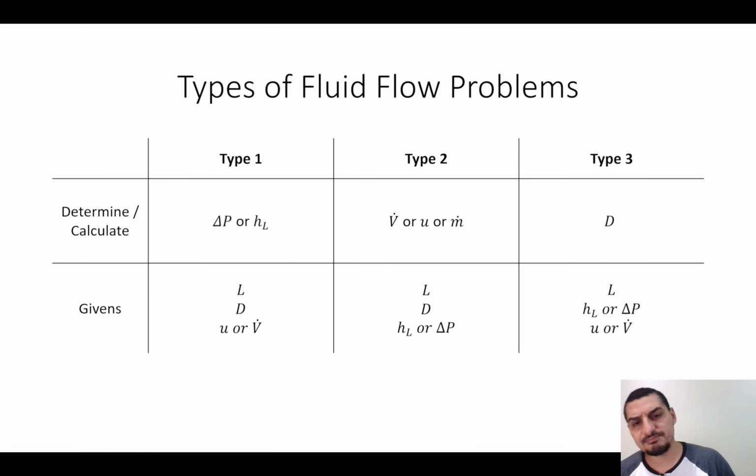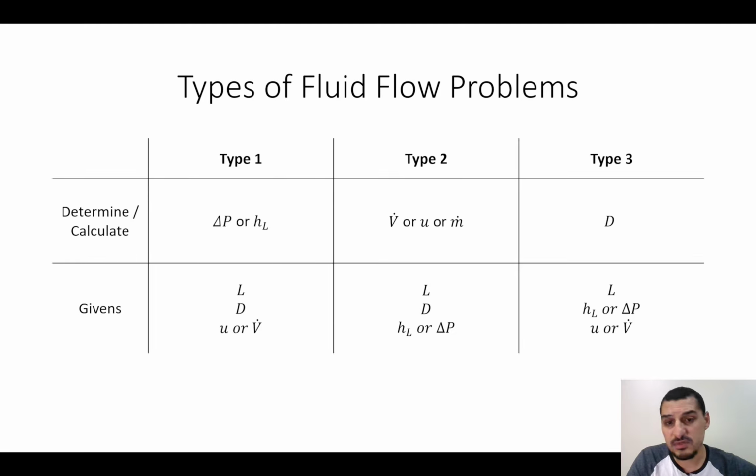The first is that we want to calculate the losses or the pressure drop during the fluid flow, and we know the pipe dimensions, the length, the diameter, and the velocity or volumetric flow rate or mass flow rate, because the three are very related to each other. This is a very nice case to deal with because we know all the information we need to calculate Reynolds number.